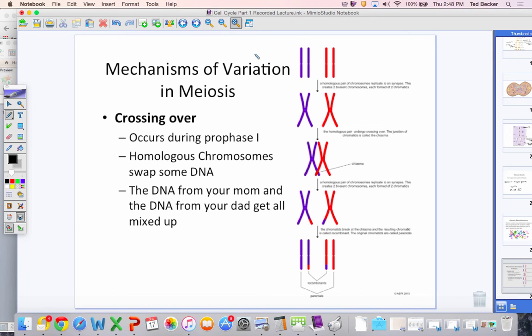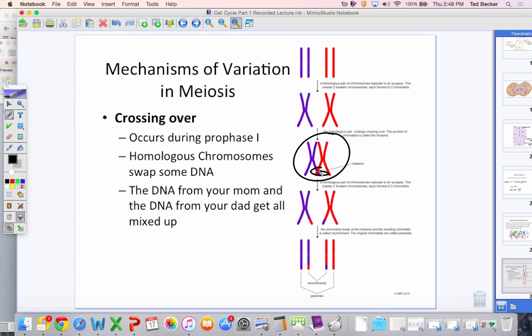So one of the mechanisms of variation in meiosis is called crossing over. And this happens during prophase 1 of meiosis. Remember, there's 2 division processes. So in the first division process, in prophase 1, these homologs, your homologous chromosomes, get together.